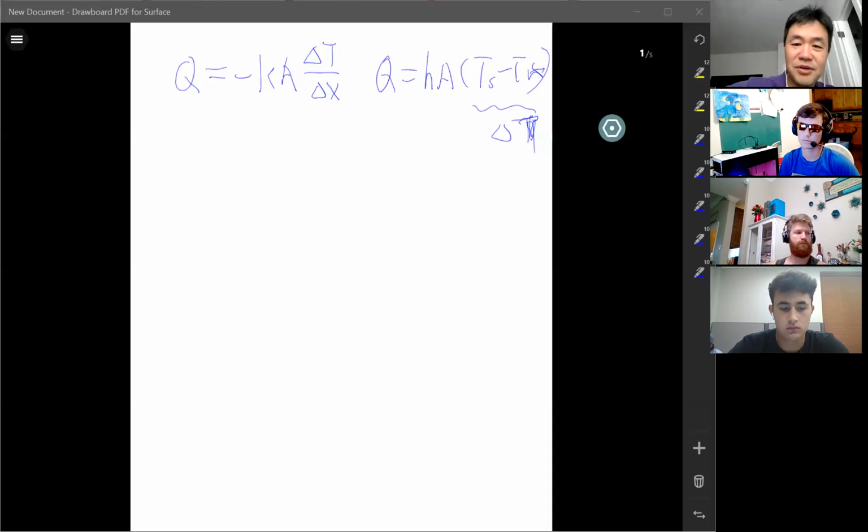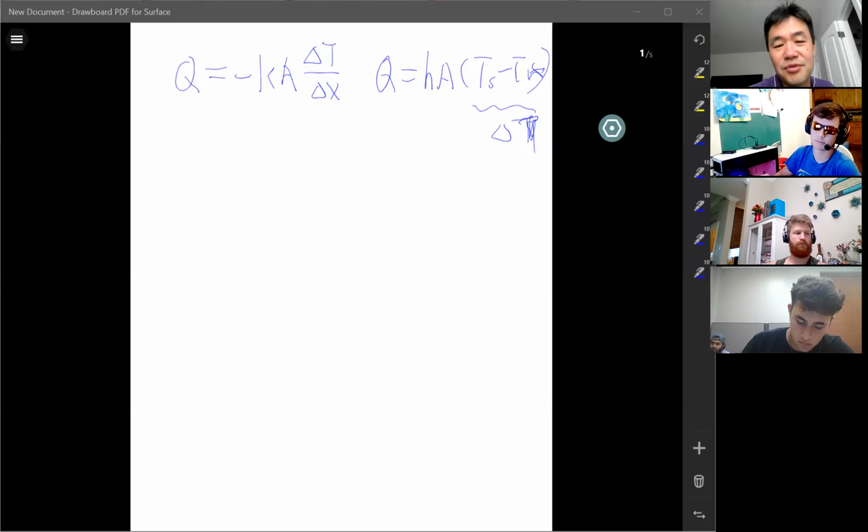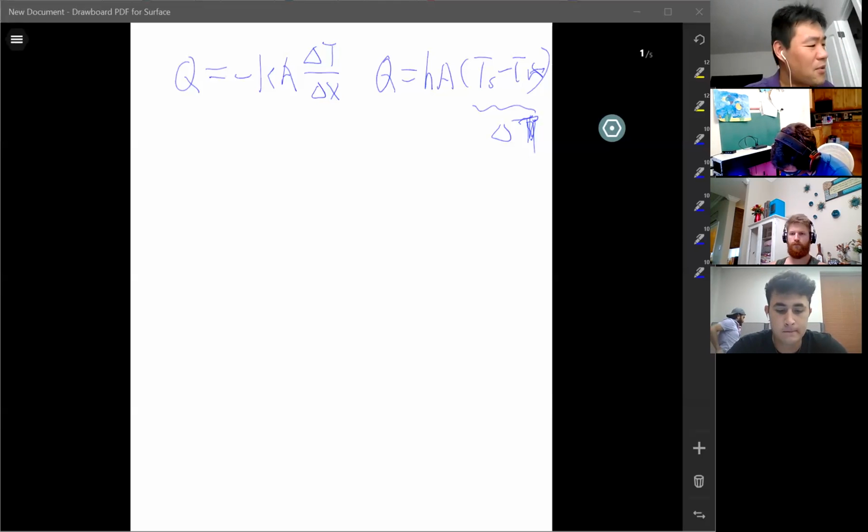Okay, so this is the equation, but today we are going to introduce something called thermal resistance. We can solve heat transfer problems using a similar idea to what you learned in circuits, in parallel and in series. Some of the problems you have in the insulation business involve multiple layers of insulation, for example.